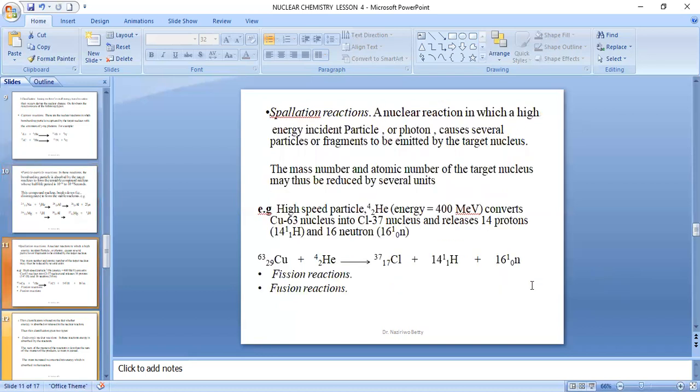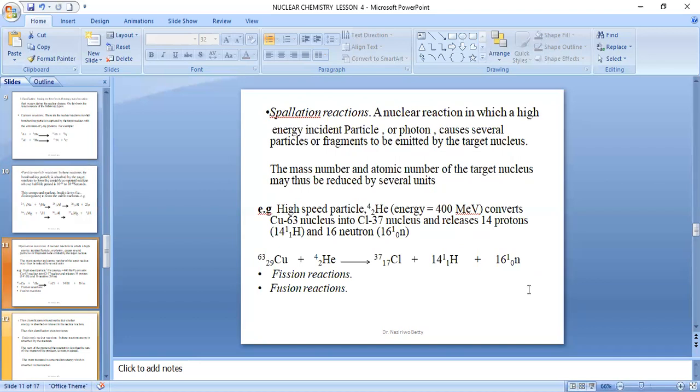The last one is the spallation reaction. This is a nuclear reaction in which a high energy incident particle or a photon causes several particles or fragments to be emitted by the target nucleus. The mass number and the atomic number of the target nucleus reduce by several units.